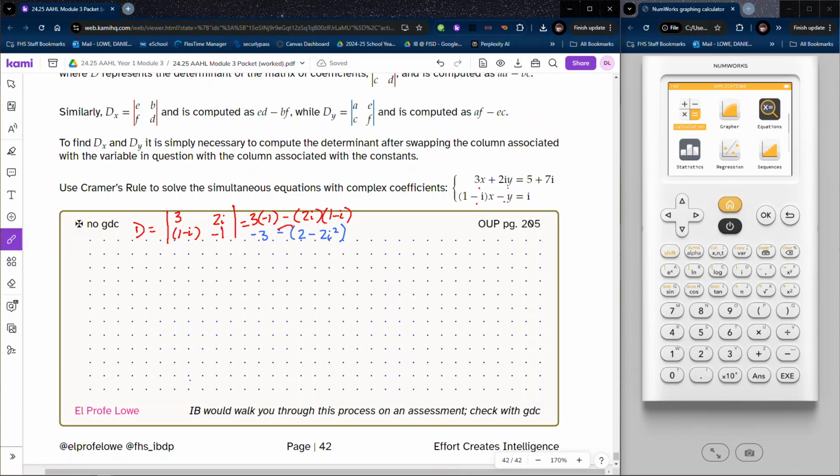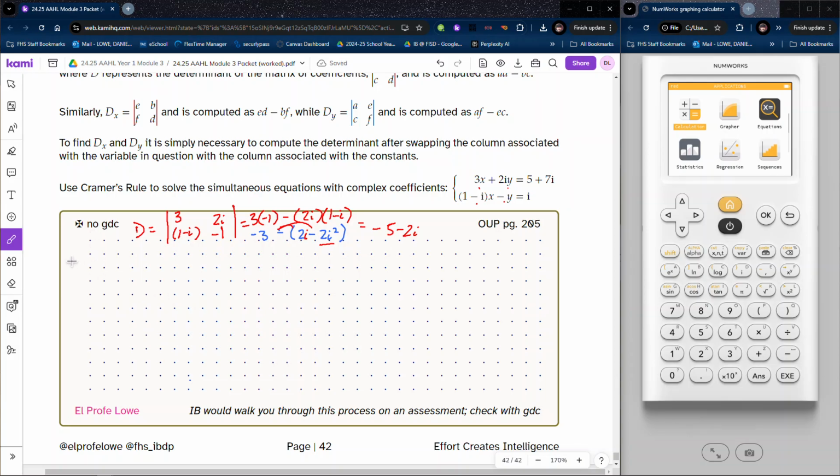And so that's going to give me negative 3 minus 2, which is going to be negative 5, and actually that should have an i there. So negative 3 minus this 2, because that's going to be a positive 2, so that's negative 5, and then minus 2i. All right, so be careful with your organization.